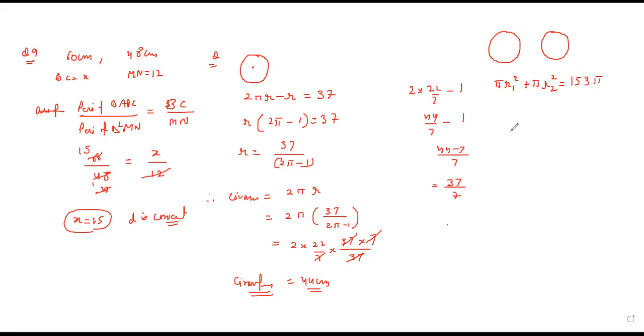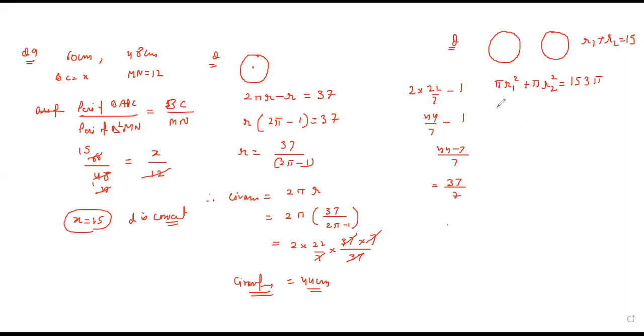If the sum of the radii is 15, r1 plus r2 is 15, then find the ratio of the larger to the smaller radius. Very good. This is another question.